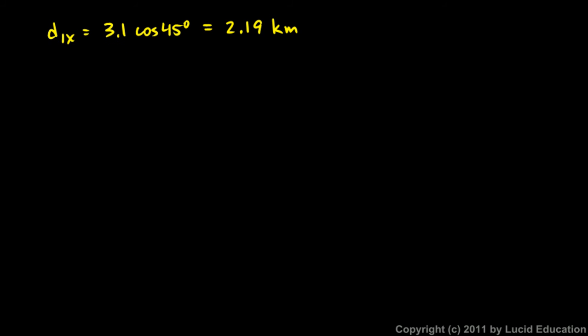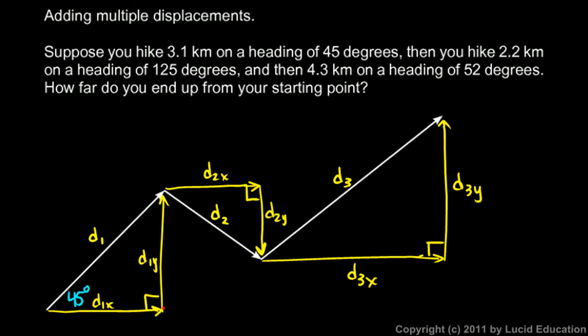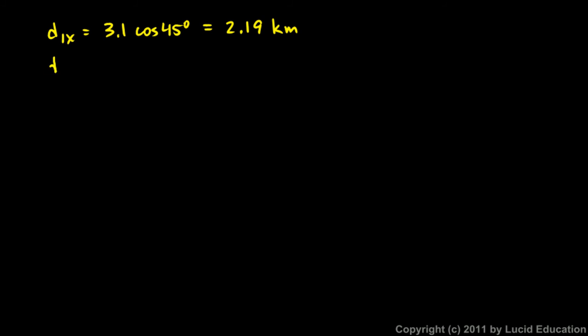And then d1y, the y component here, is going to be d1 times the sine of the 45 degree angle. So back over here, I'll write d1y is 3.1 times the sine of 45 degrees. And you should realize that the cosine of 45 and the sine of 45 are the same. So both of these come out to 2.1 kilometers. Or you can just punch that in on the calculator and you get that. So that's d1x and d1y.